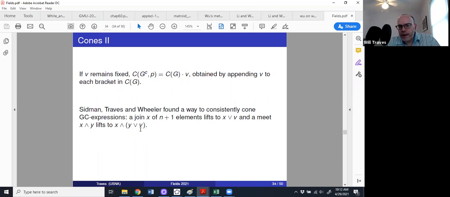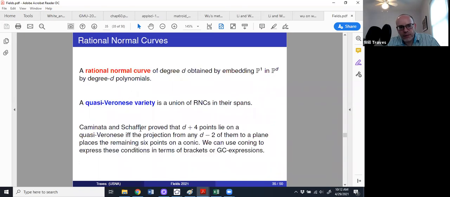Okay, I'm going to skip the application of that. I'll just say that what we did for that was write down Grassmann-Cayley expressions for brackets that characterize when d plus 4 points lie on a rational normal curve.